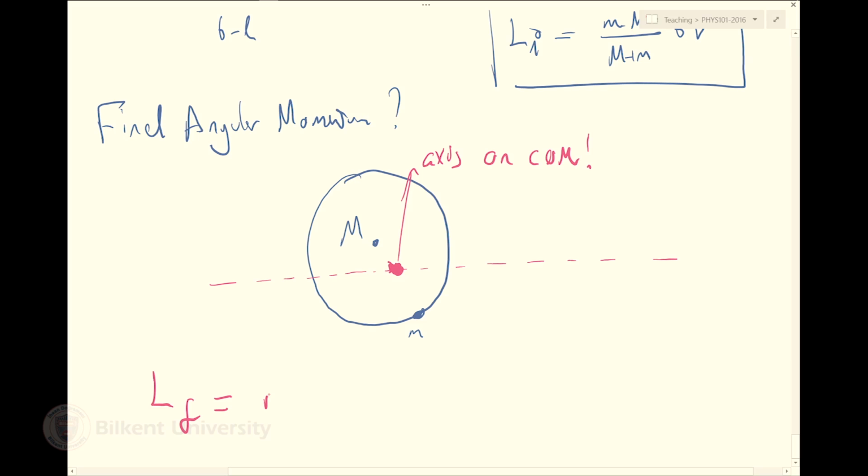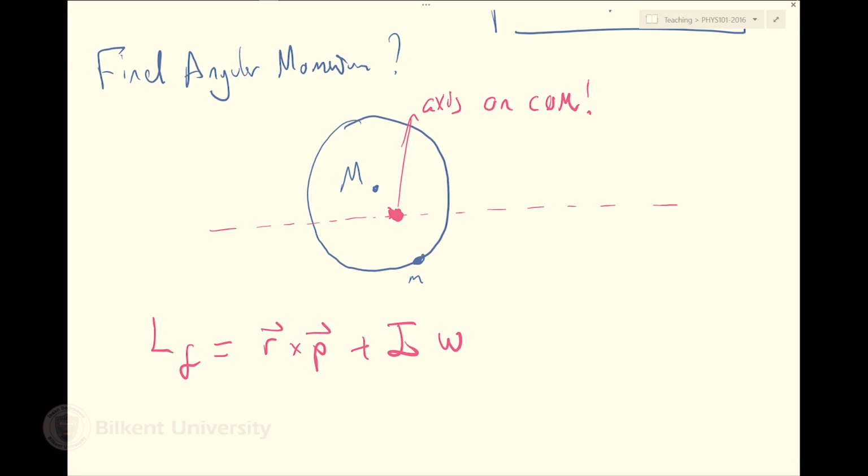L final would be R cross P plus I times omega. But what is the R vector here? R vector is the vector from the axis to the center of mass. So it will be somewhere on this line. I mean, exactly in this situation, in the moment of collision, that R vector is 0.